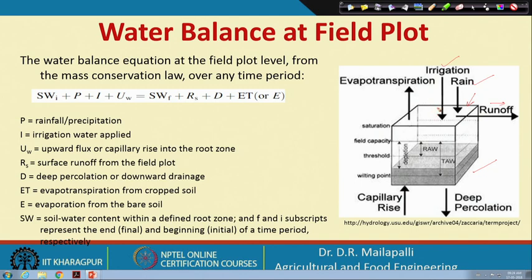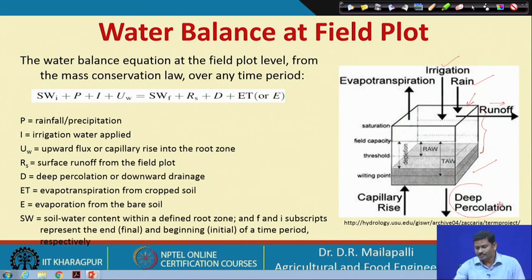If you have a crop on top of the soil, water is lost through evapotranspiration. Below this root zone depth, you have deep percolation loss, where water can pass through the root zone.